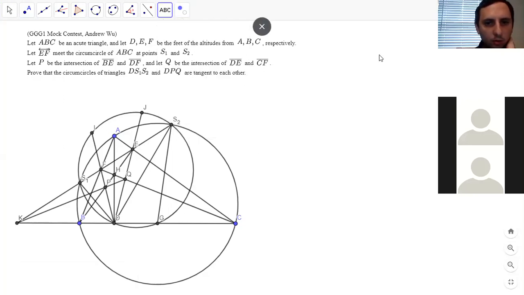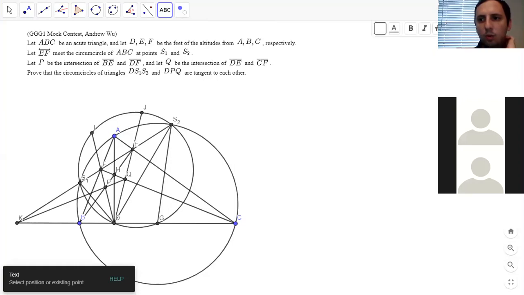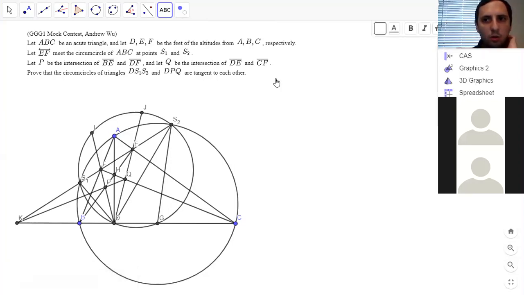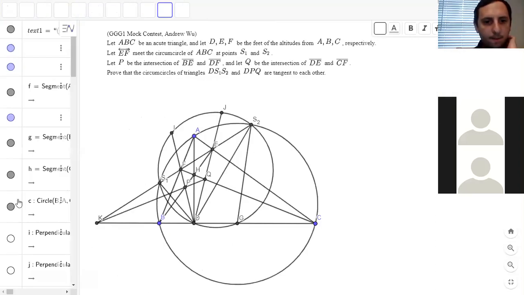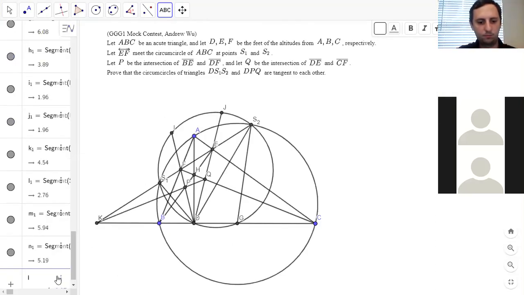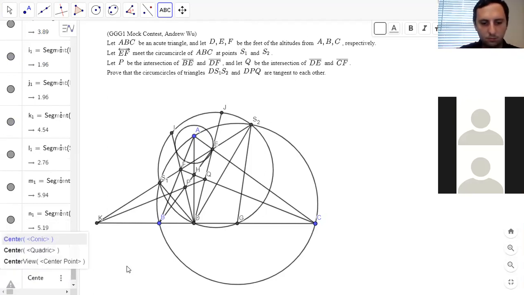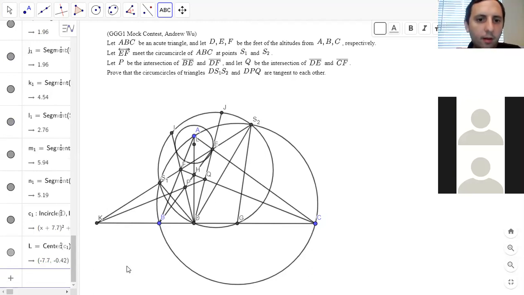So it's that point L. Oh, but A is the midpoint of arc S1, S2. So maybe we could use that somehow.